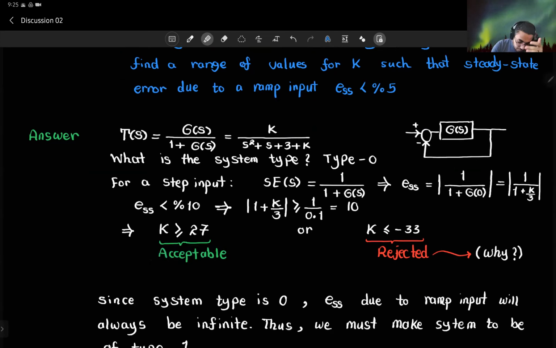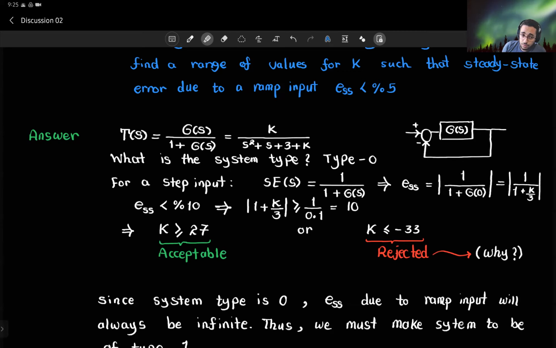So this is a type 0 system, right? As we calculated in the previous problem, we already know that if you try to apply a ramp input to this system, the steady state error is going to grow to infinity, right? That's what we calculated in the previous problem.